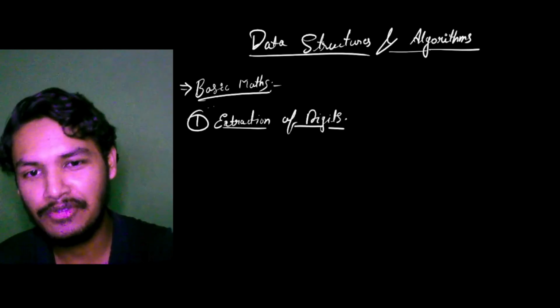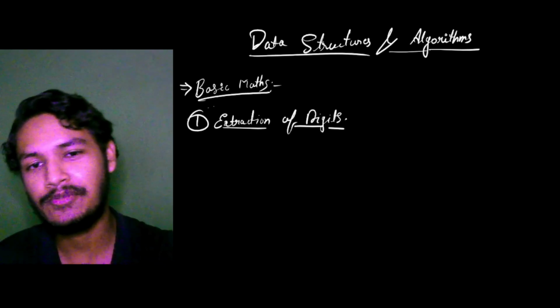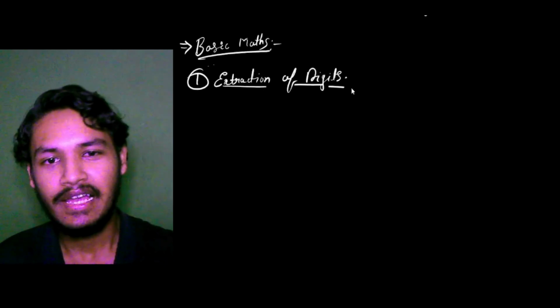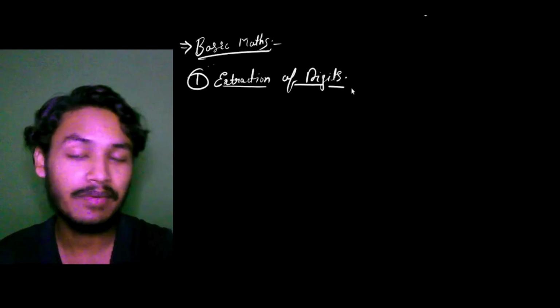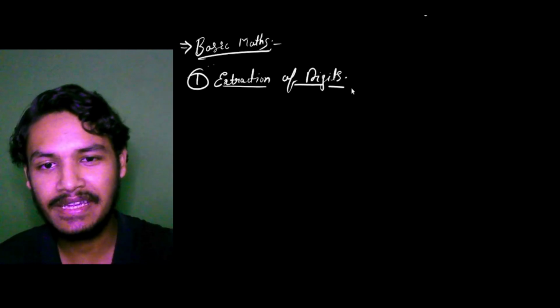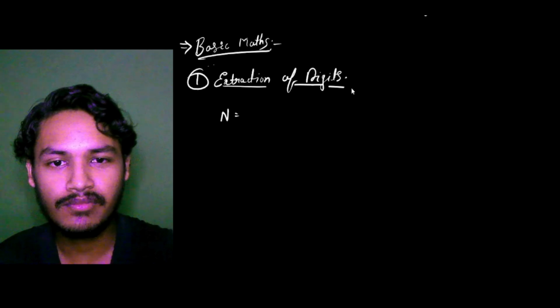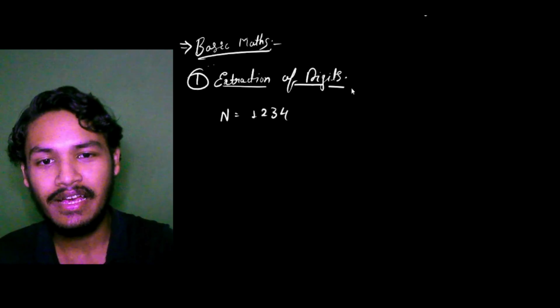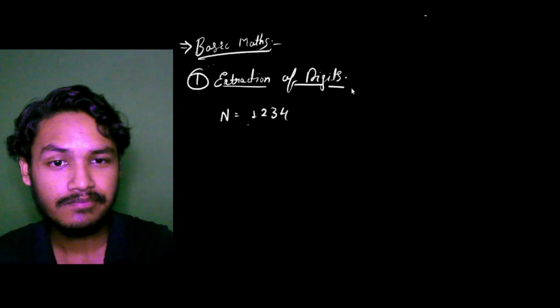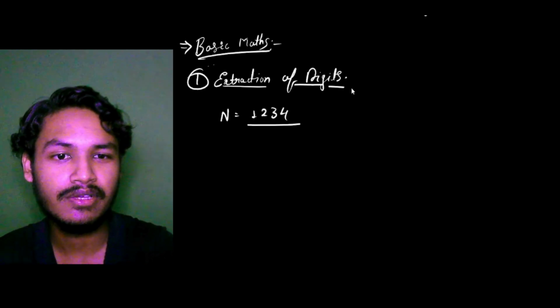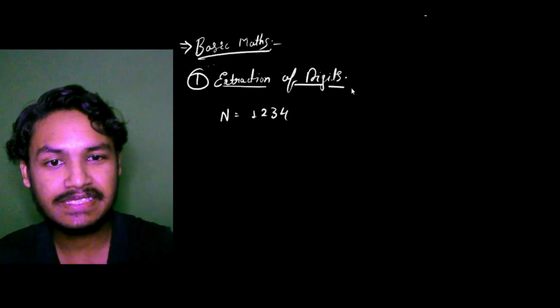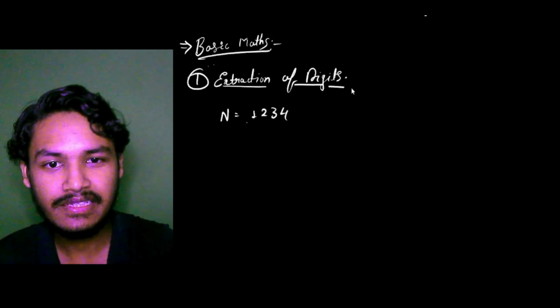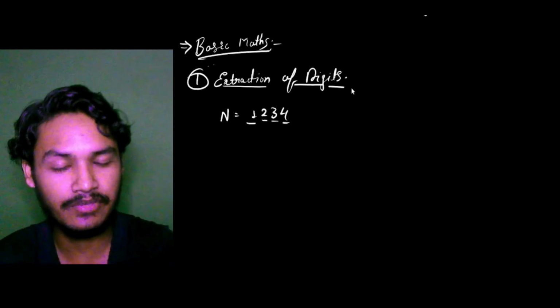Let me tell you what we have to do in this question. Let's say we are given an input, n equals 1234. This is a number, and we have to extract all the digits which are in this number.